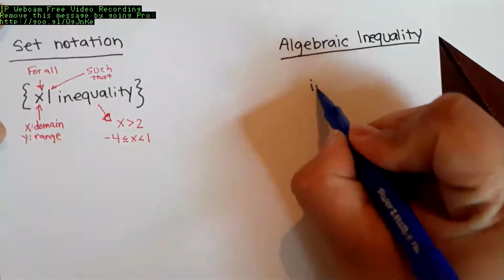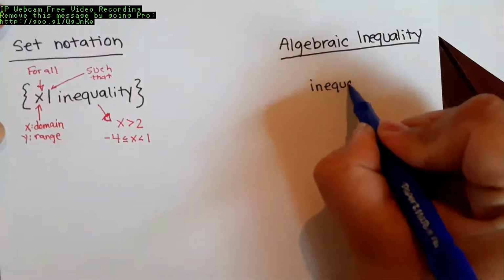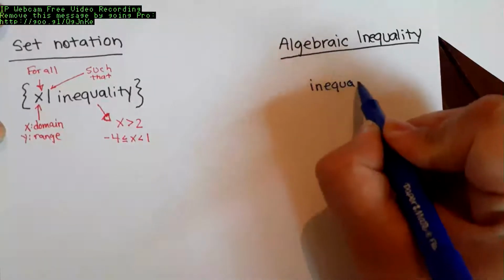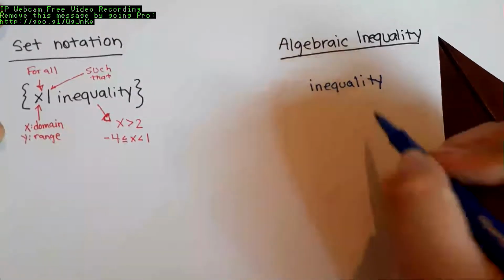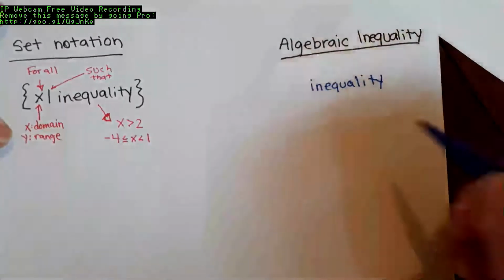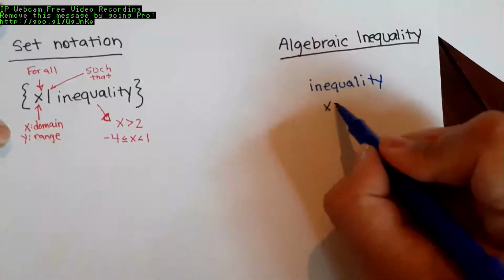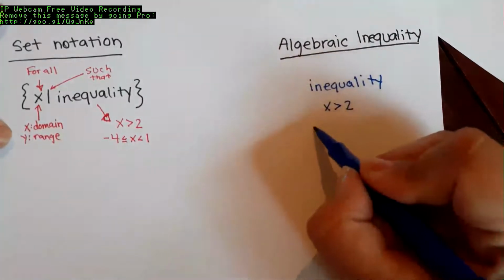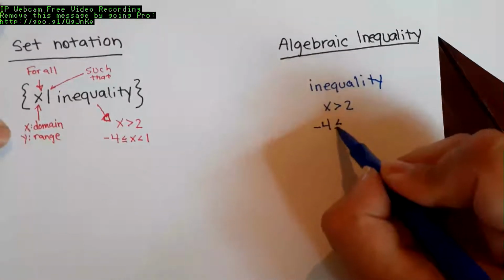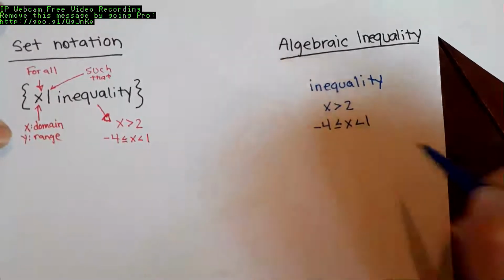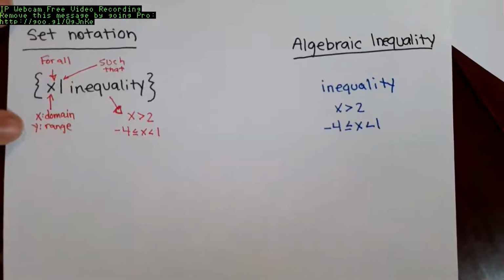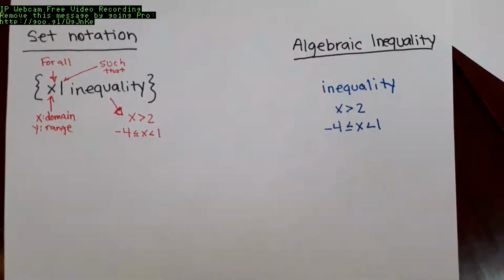So this is just going to be the inequality of our graph. So whether it's X greater than 2 or -4 less than X less than 1, that is the way we write it in algebraic inequality.